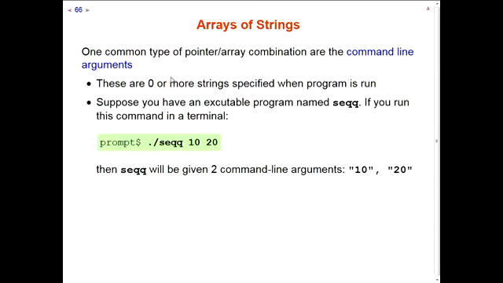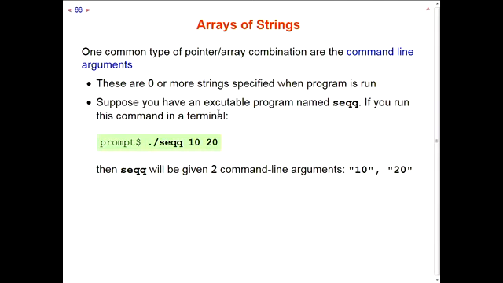But one thing is really important also for one of the homeworks, and that is you can look at arrays of strings, which combine pointers and arrays of characters. A very important example of this is command line arguments. These are 0 or more strings that are specified when the program is started.